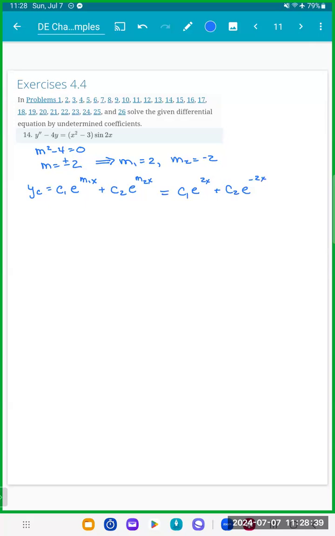Okay, so for our particular, that's y sub p, that's going to be ax squared plus bx plus c times cosine of 2x plus dx squared plus ex plus f sine 2x.